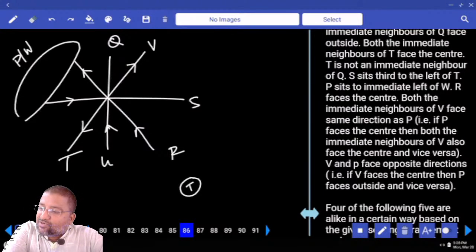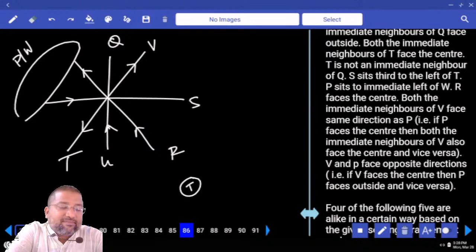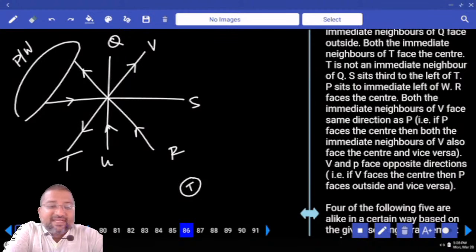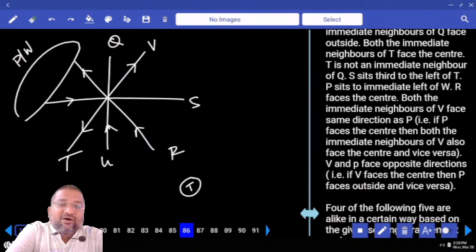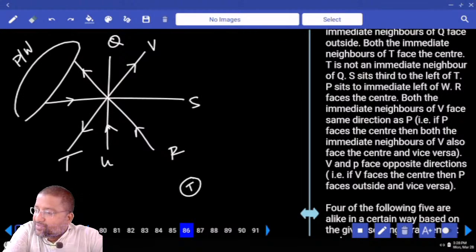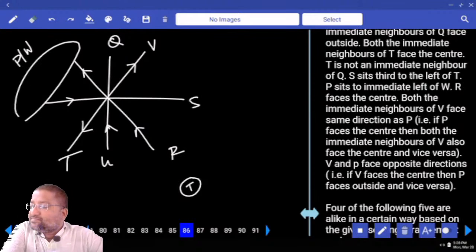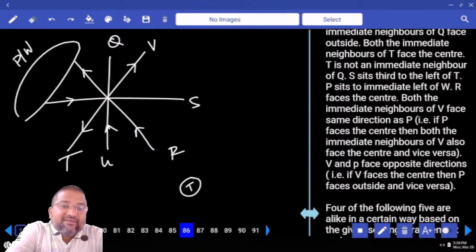Both the immediate neighbors of V face the same direction as P. V is facing outside.